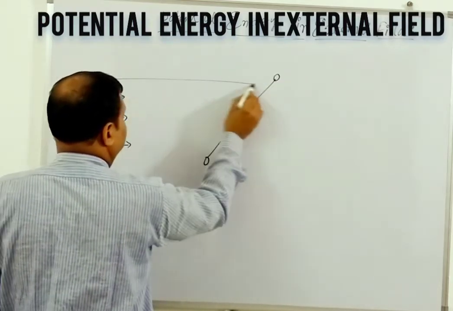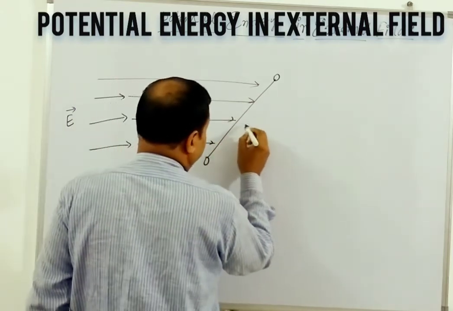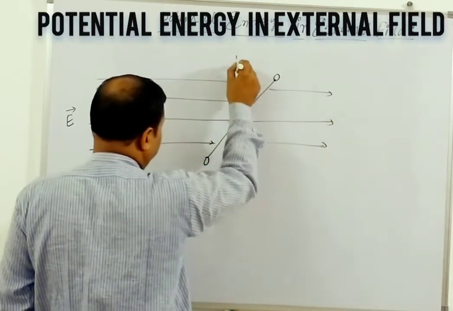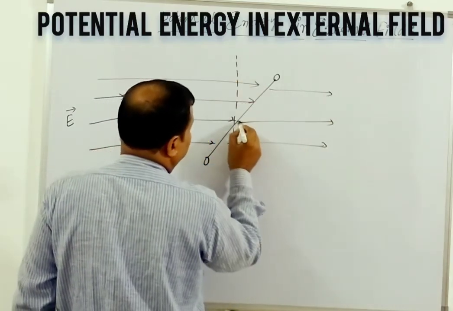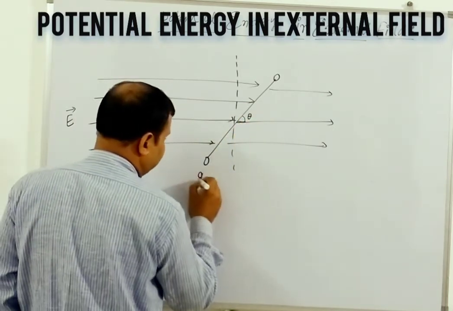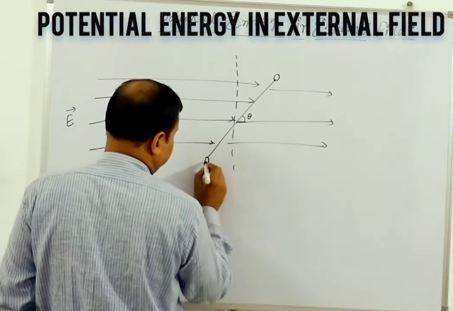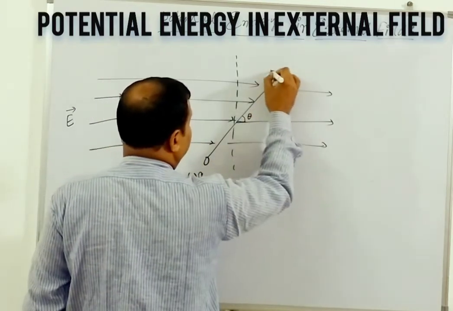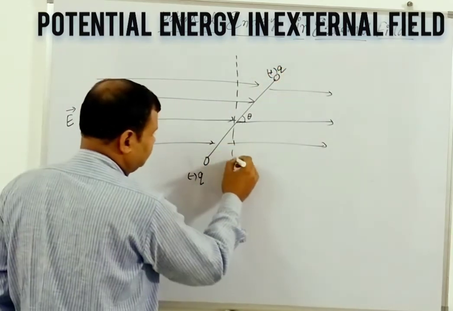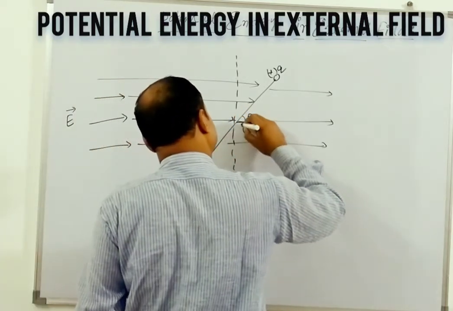Suppose this is a uniform electrical field, and the dipole makes an angle theta with this electrical field. This is minus q and this is plus q charge, and suppose the distance between the two is d.